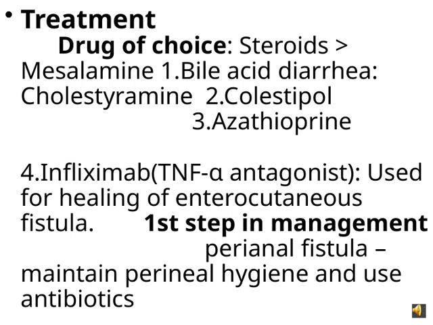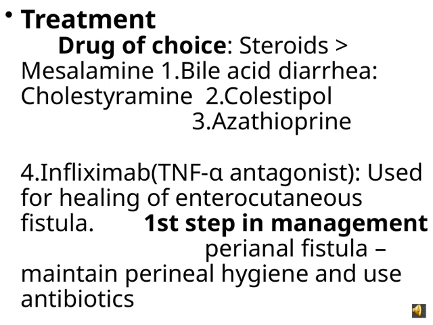In more severe or refractory cases, immunosuppressants like azathioprine can be considered to control inflammation. Additionally, infliximab, which is a TNF-alpha antagonist, is particularly useful not only for reducing inflammation, but also for promoting healing of complications such as enterocutaneous fistulas.